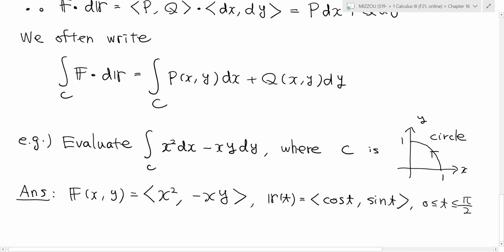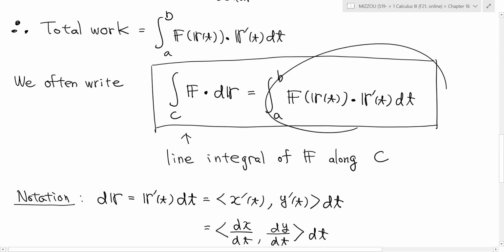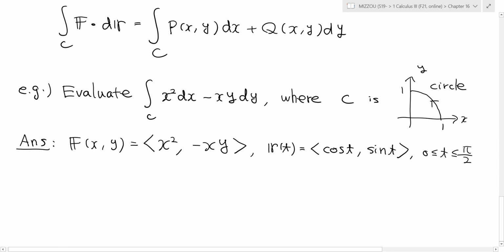Okay, and then to compute the line integral, you have to plug into this formula. So what you have to compute is the derivative. You differentiate: negative sine t and cosine t.